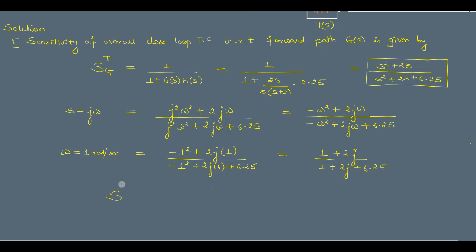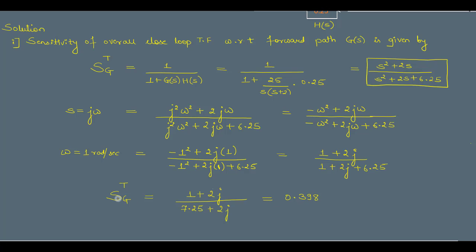So I can write the sensitivity S of transfer function T with respect to forward gain element G as (minus 1 plus 2j) upon (5.25 plus 2j), and if you solve it, the answer will be something around 0.398.